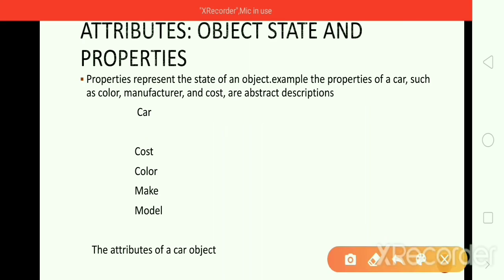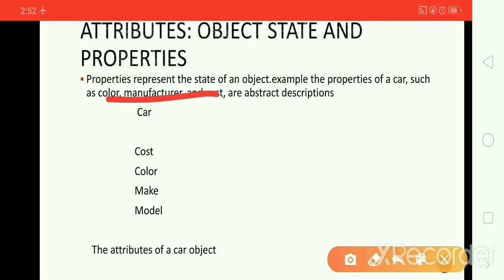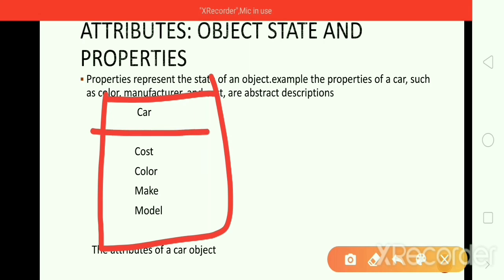You can see here the attributes of a car: this is the car object, and we have attributes or properties cost, color, make and model. These are the properties or attributes of your car object, and these properties represent the state of your object.